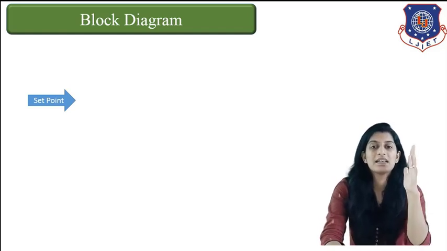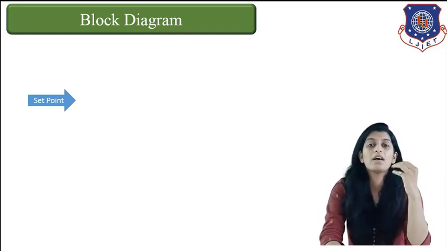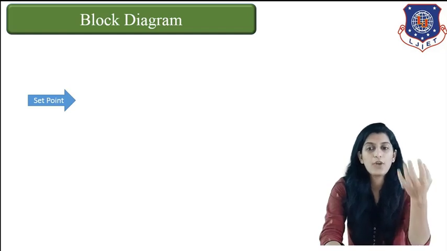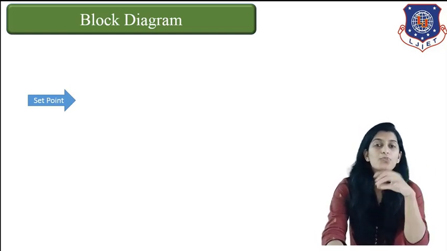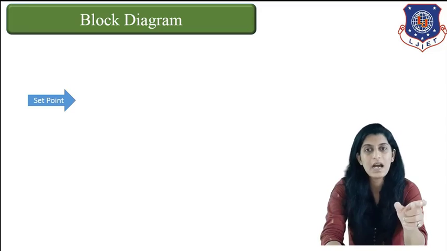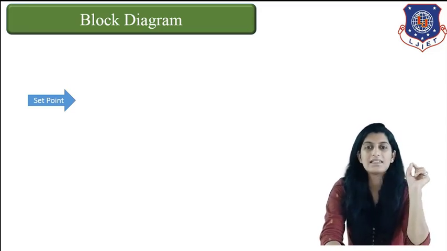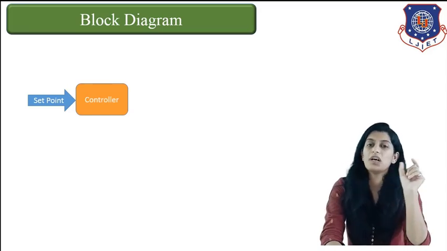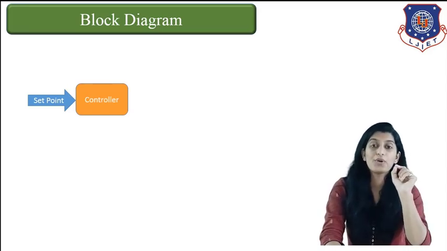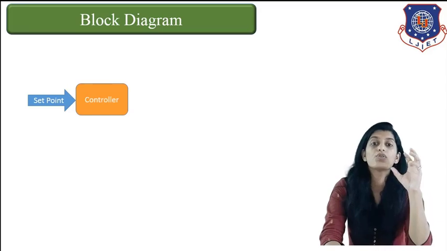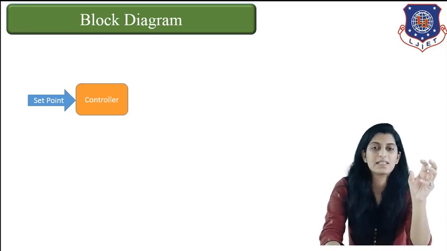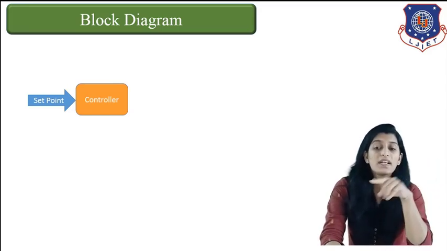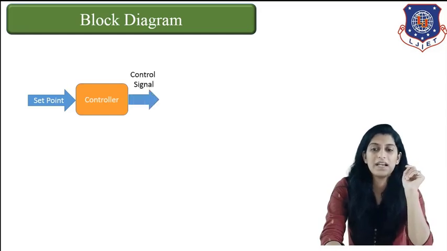So we set our goal or desired point. Whatever output we want from that system, we give it as a set point. The set point is given to the controller, and the duty of the controller is to control the entire system or working. How it controls the entire system, let's see.